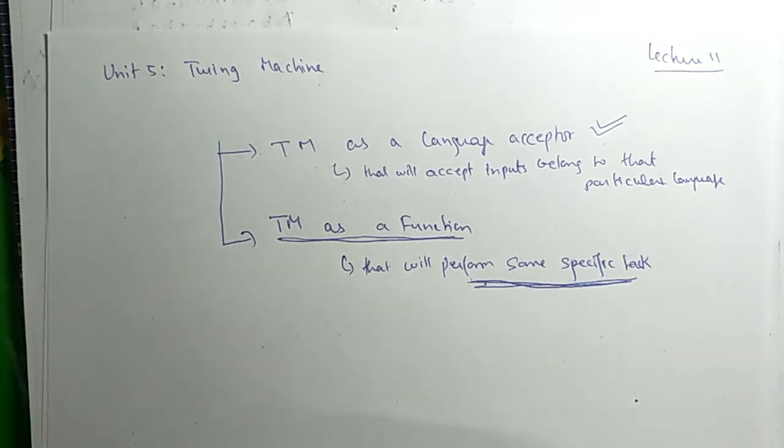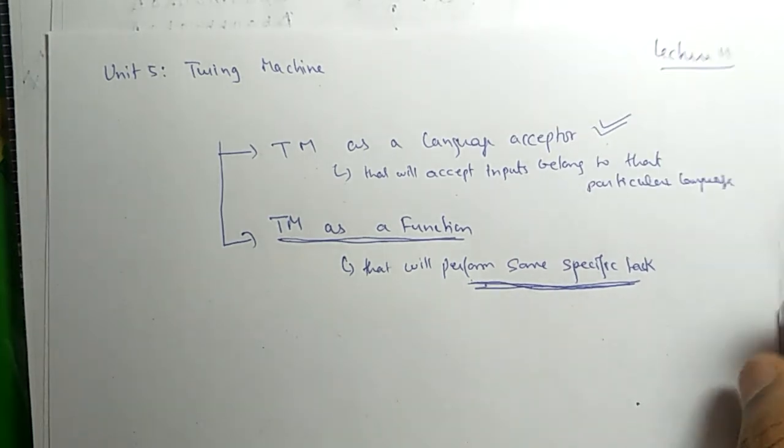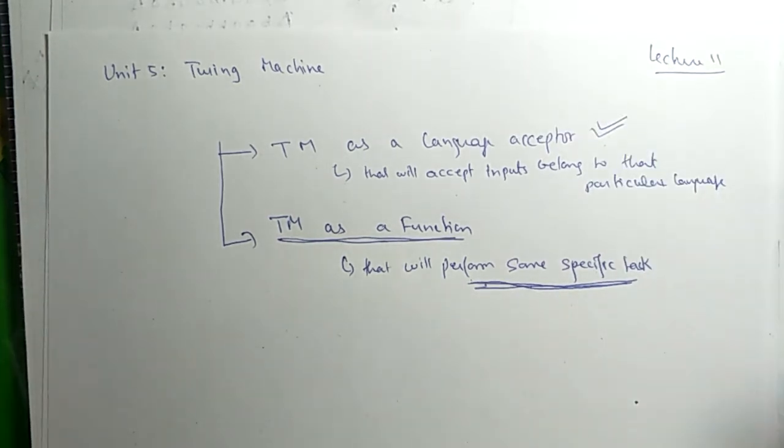And Turing machines, as we already said, are very powerful machines and they perform various tasks, and they are equivalent to our computer system. They can perform all tasks for which we have some procedure which we can solve mathematically.